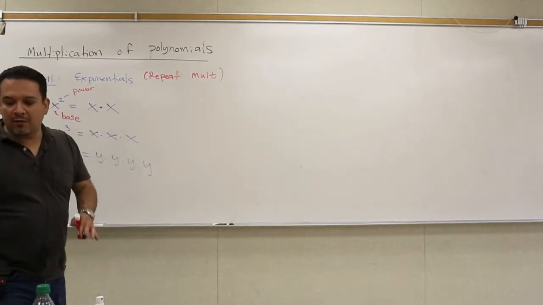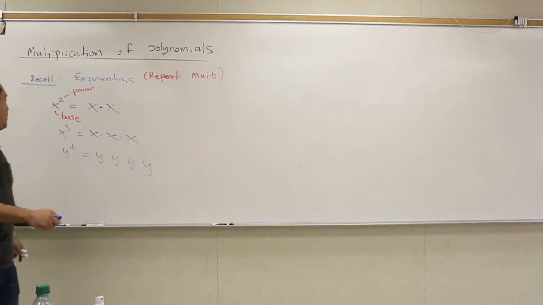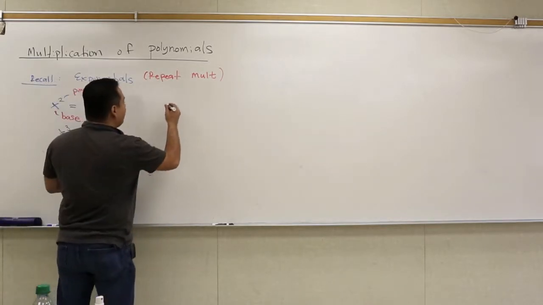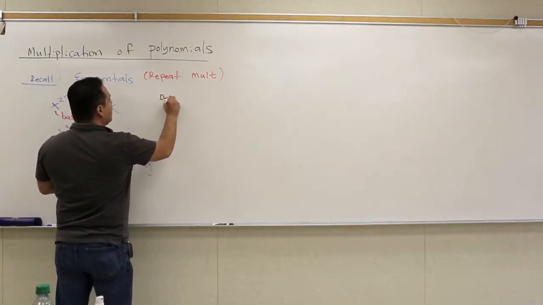So you guys know that exponentials are simply repeat what? Multiplication. You repeat this thing called the base. This is called your power. Okay? So let me give you guys a fact or a definition of an exponential.